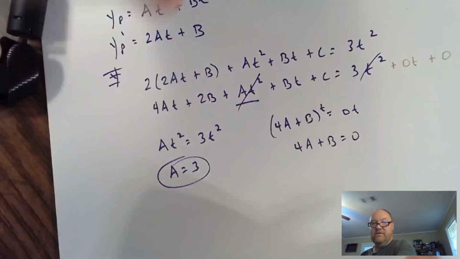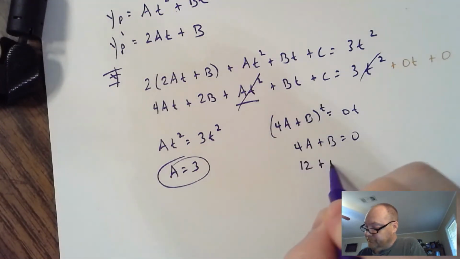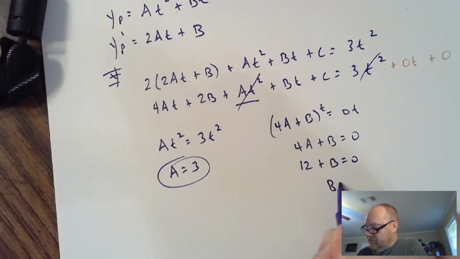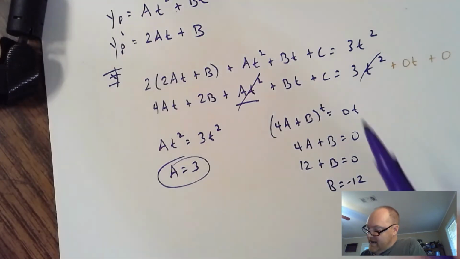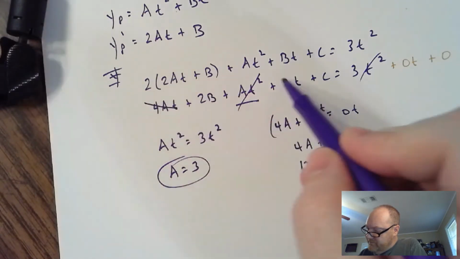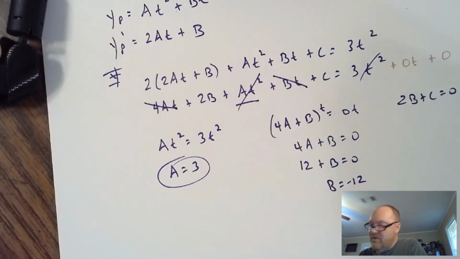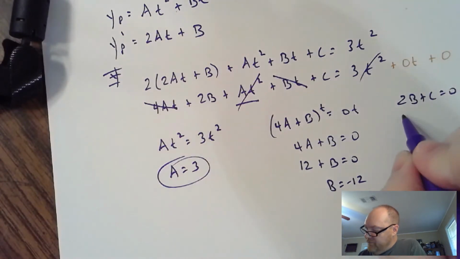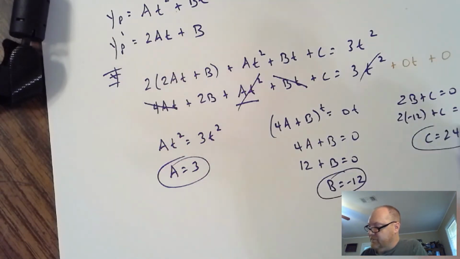But I can make use of what I just found for a. So it looks like b is negative 12. And then finally, I've got some constant terms. 2b plus c equal to 0. But again, I know the value of b. So it looks like c is going to be 24.